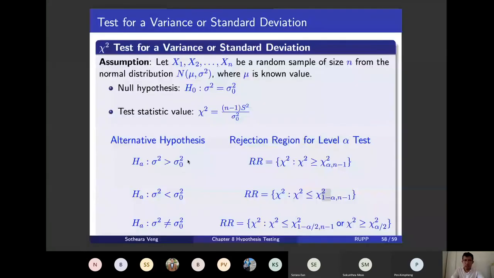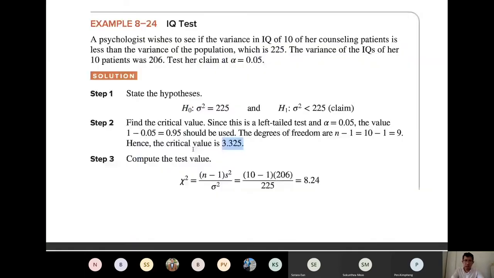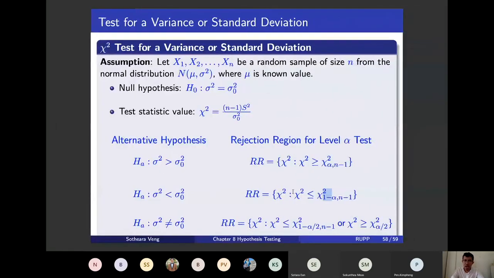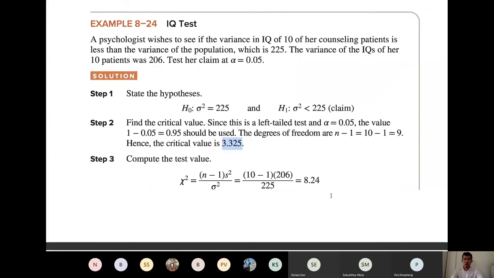That's why in this case we need chi-square 0.95 with 9 degrees of freedom, because 1 minus alpha is 0.95 and the degree of freedom in this case is 9, right?